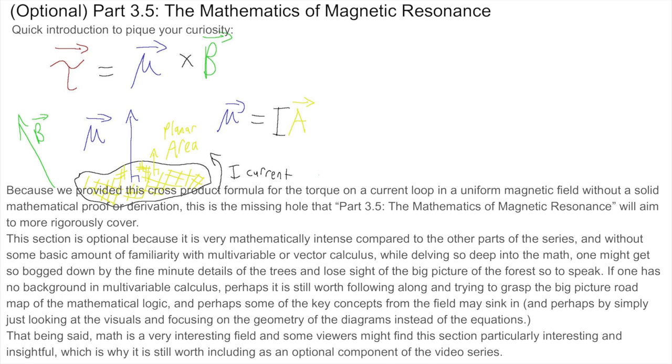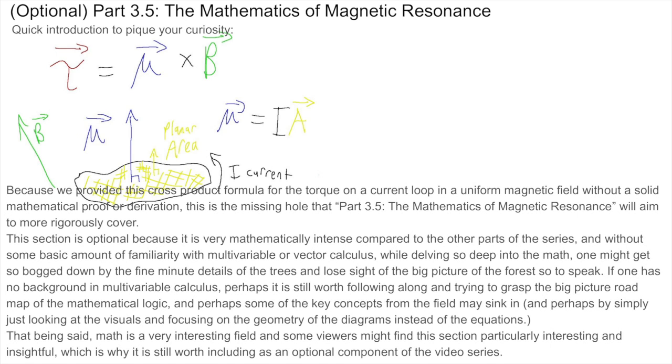This section is optional because it is very mathematically intense compared to the other parts of the series, and without some basic familiarity with multivariable or vector calculus, while delving so deep into the math, one might get so bogged down by the fine minute details of the trees and lose sight of the big picture of the forest, so to speak.